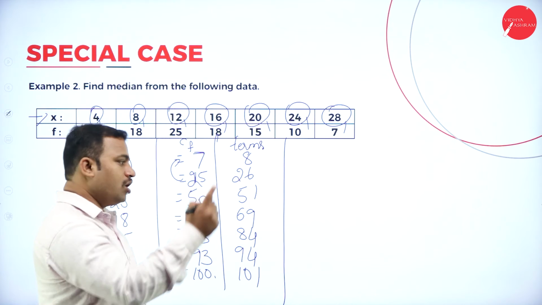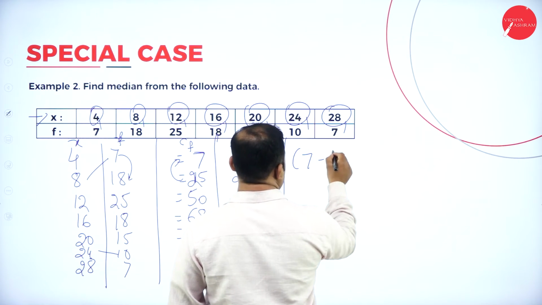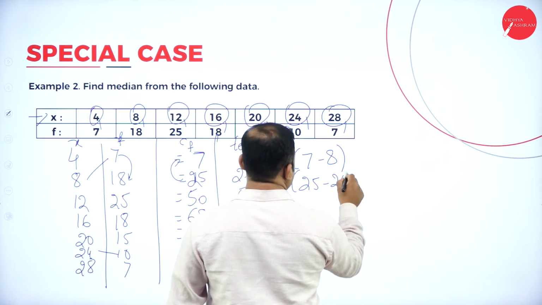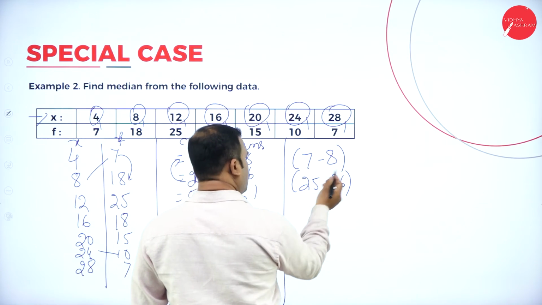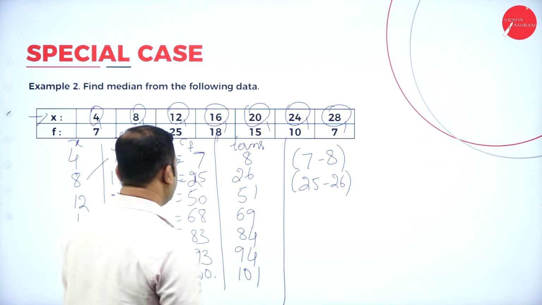Which is the next column, that is 7 to 8 terms, which can be derived as 7 to 8, 25 to 26. If you subtract that, you will get 1.